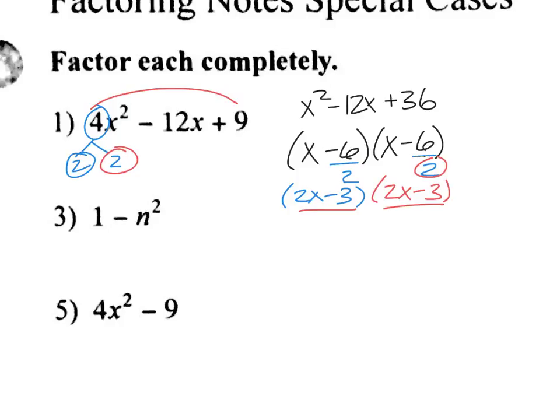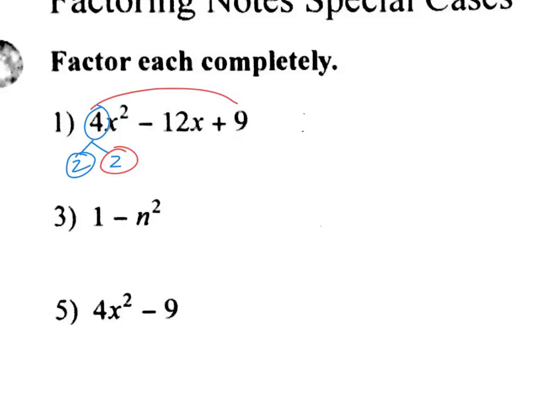Now, what I want you to understand is that the old method will work here, and if we rewrote this, we would rewrite that as 2x minus 3 squared because it's the same factor used twice. But what you can also see here is a shortcut. So now I'm going to show you the shortcut.